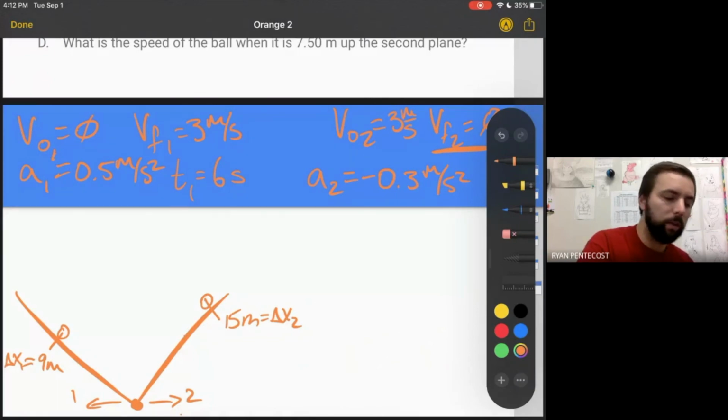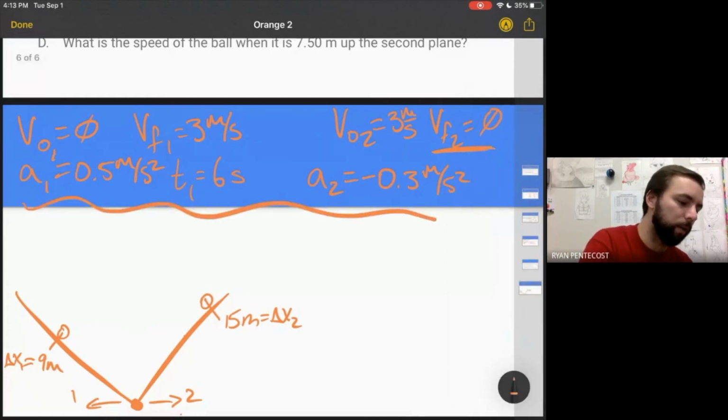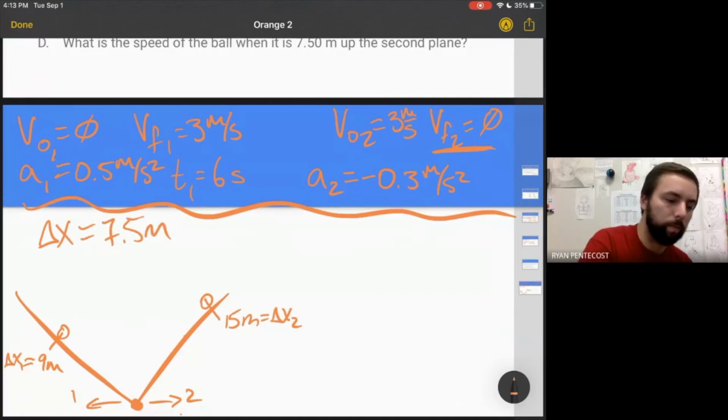What is the final velocity of the ball when it is 7.5 meters up the second plane? So now we have a new delta x. So let's get a little divider here. Our new delta x is 7.5 meters, and we need VF. Now the V naught will stay the same.